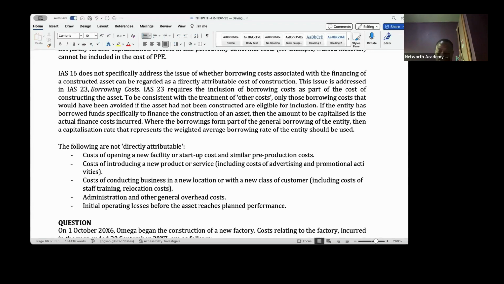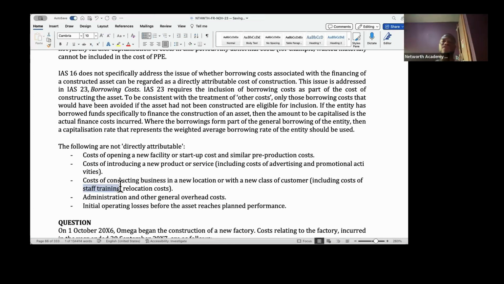They are just extra costs. The asset is ready. So, the cost of conducting a business in a new location, or maybe you have to train your staff to use the assets. That should be expensed because the asset is already ready for use. It is you that doesn't know how to use it. So that one is a different thing entirely.